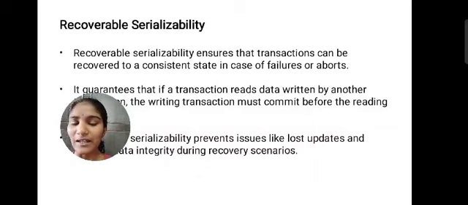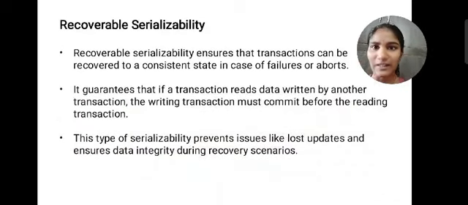Whenever in a parallel transaction a failure occurs, then transactions are rolled back. Those will not be executed, and the updated data will not be updated in the database. So this is called irrecoverability. This issue can be solved by using recoverable serializability.